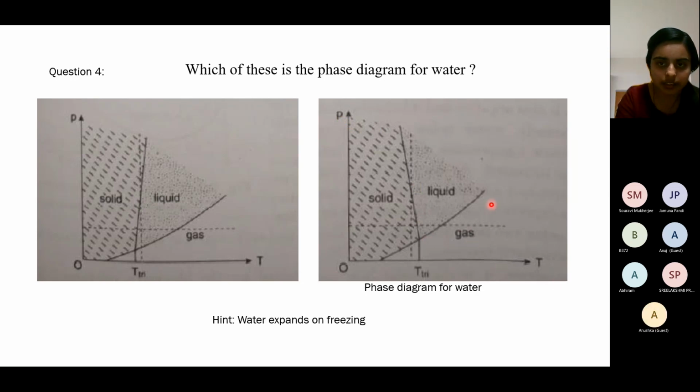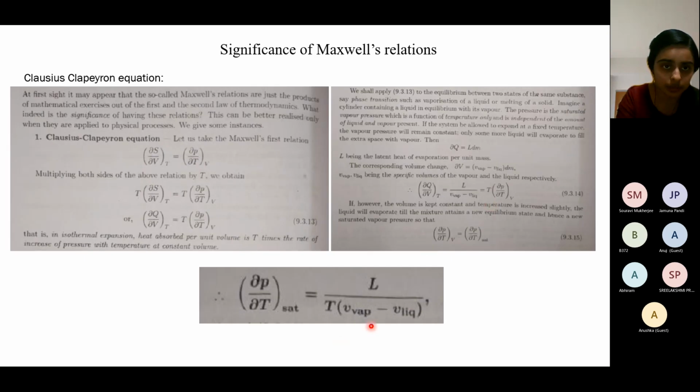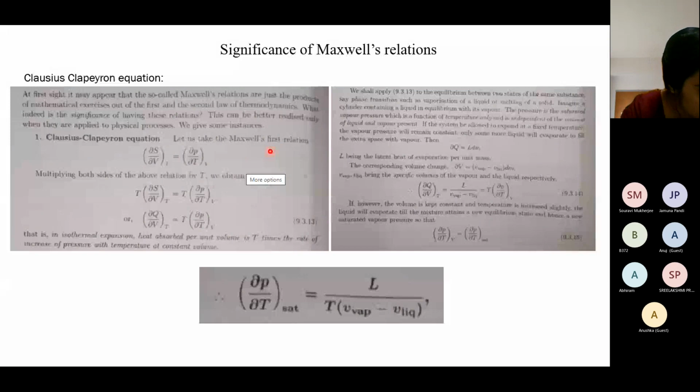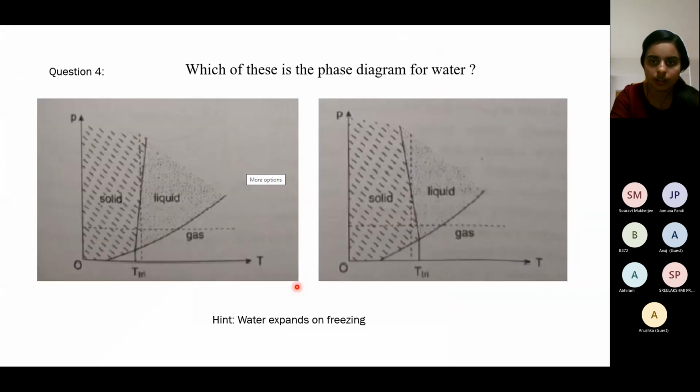And this can be understood from just looking at the Clausius-Clapeyron equation, which one can derive from Maxwell's first relation. So in a way, Maxwell's relations can be used to find, explain, or describe this kind of physical processes. Clear to everyone?